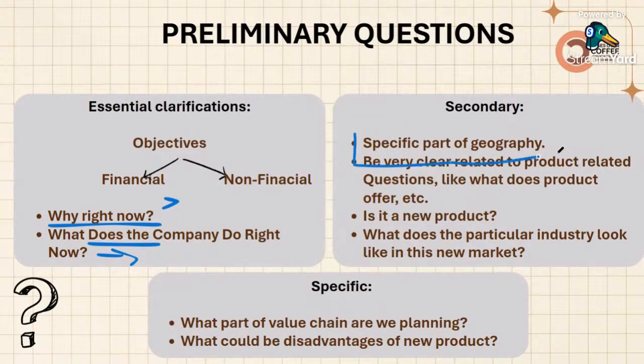Let's say Tesla wants to enter India, then why do they specifically want to enter this specific area? Then we can ask a product-related question, like what does the product offer, is it a new product or an existing product, and so on, so that we can understand.